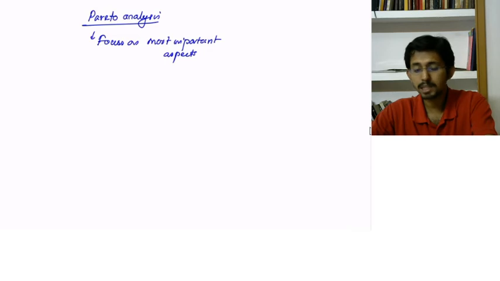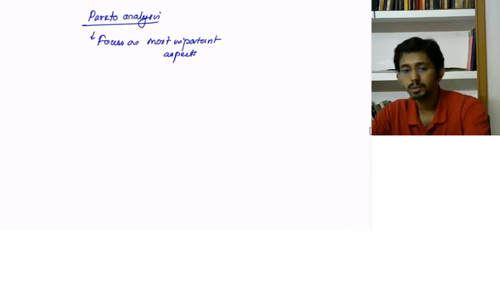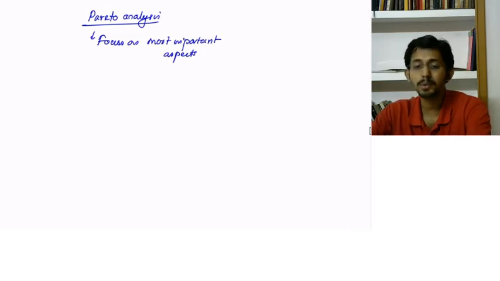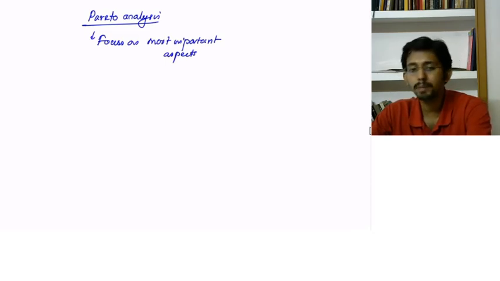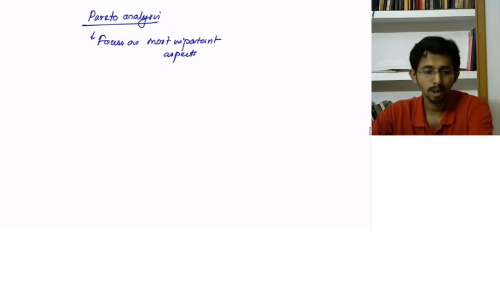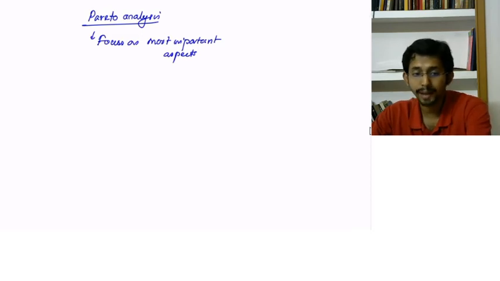Okay, the same principle can be applied in debtors. You have a receivable of, let us say, 10 crore rupees. Out of that 10 crores, maybe around 7 to 8 crores will be from 20% of the people. So for that 20% of the people, you have to be very careful and follow up every now and then, because they constitute 80% of the value.